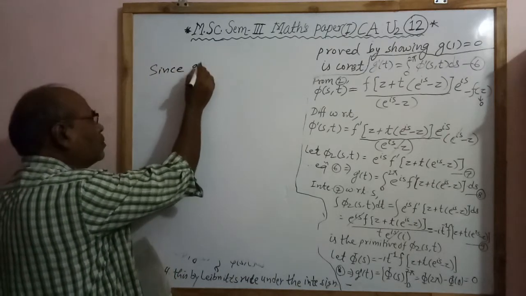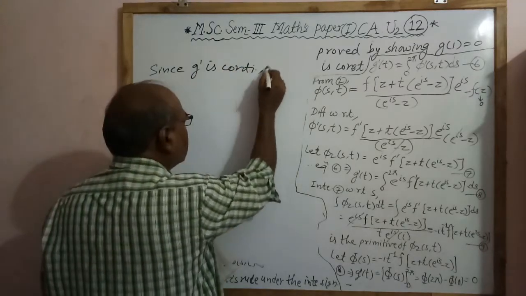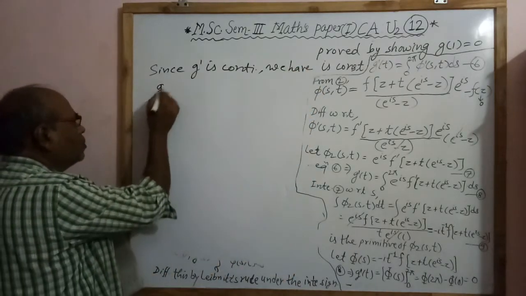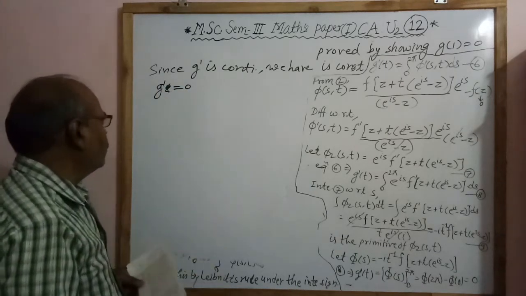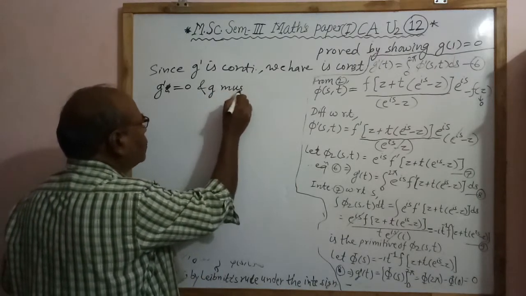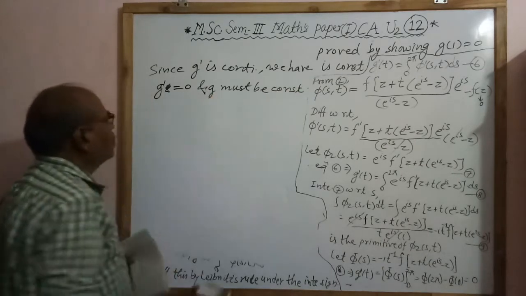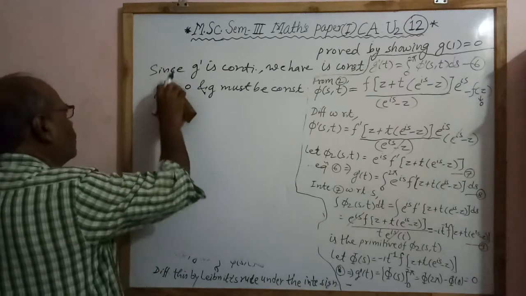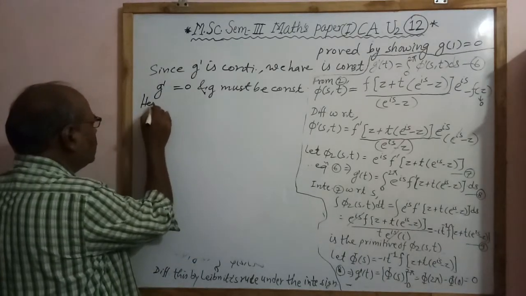Since g dash is continuous, we have g dash equal to 0 and g must be constant, which proves the proposition. Hence, the proposition is proved.